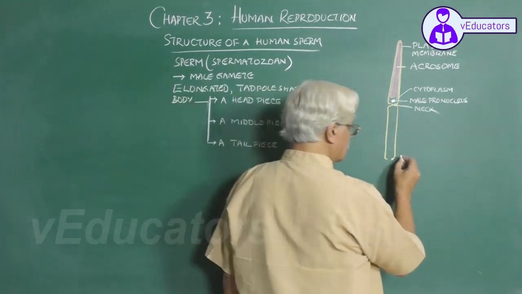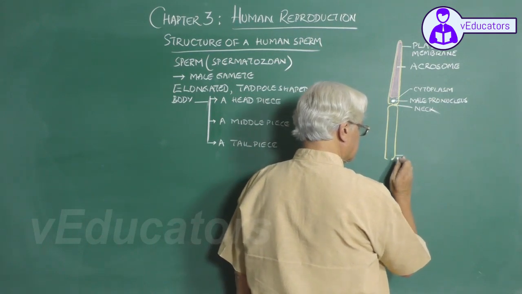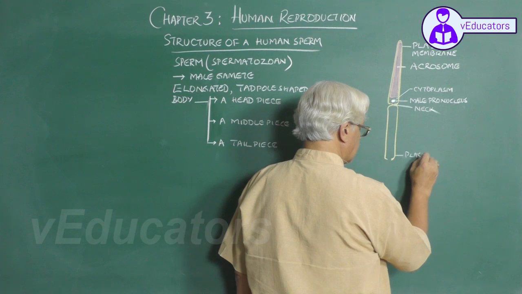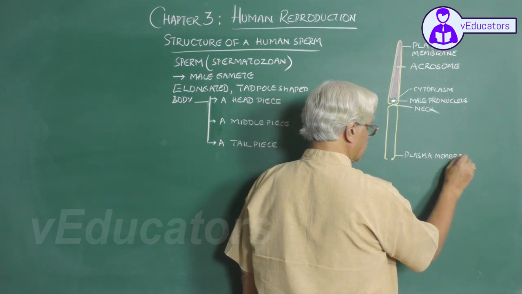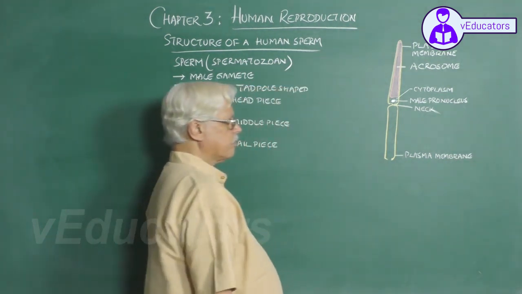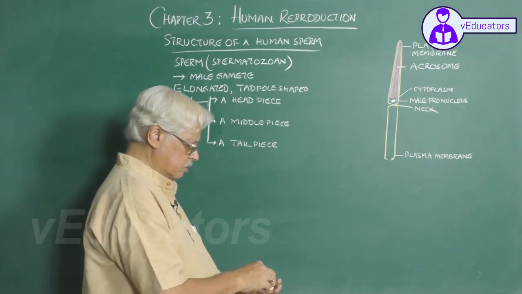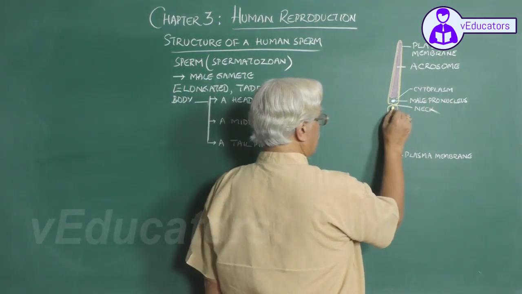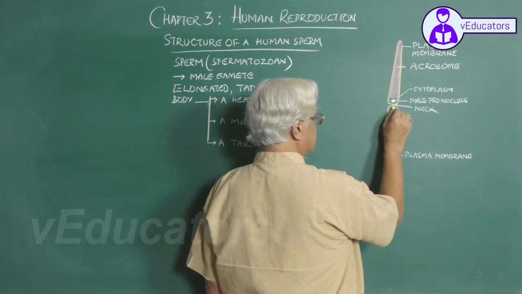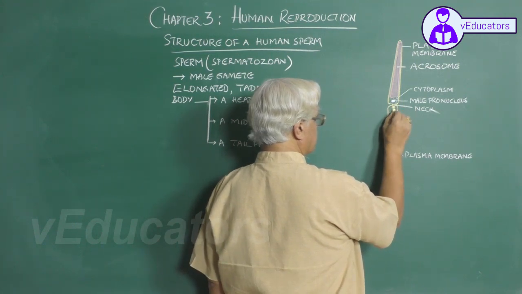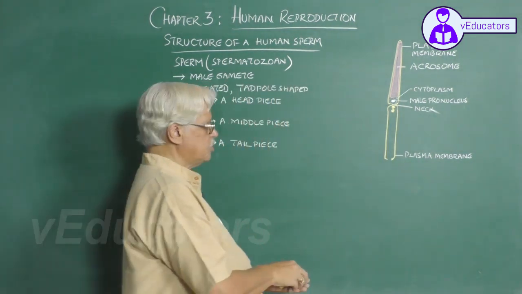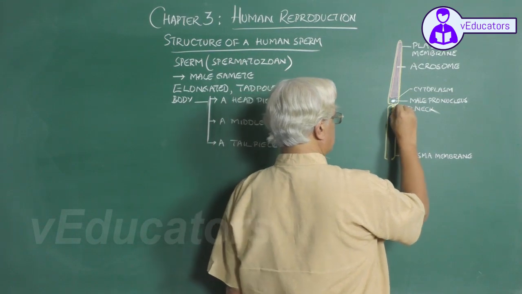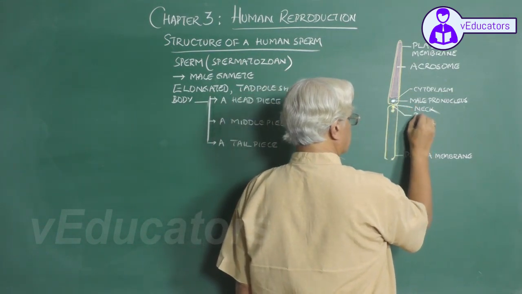The middle piece also has a covering of plasma membrane, and at its upper end, just below the male pronucleus, it shows the presence of two centrioles.